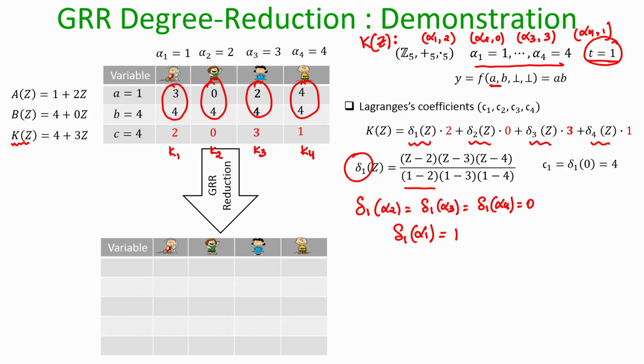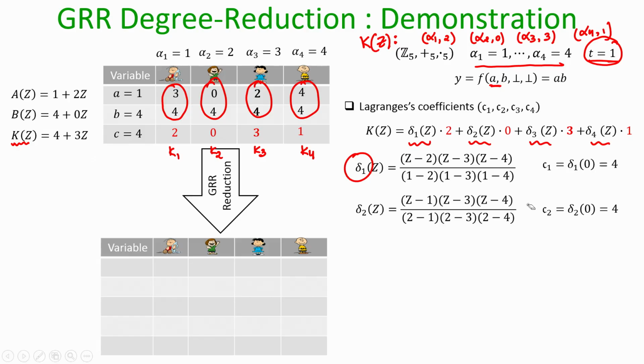As a result, the first Lagrange coefficient, the constant term of this delta polynomial, will be 4. Remember all the operations are performed over Z5, where the plus operations are addition modulo 5 and multiplication operations are multiplication modulo 5. The delta 2 polynomial in the numerator will have all the roots except alpha 2, and to ensure that it survives at alpha 2 we have the corresponding denominator.